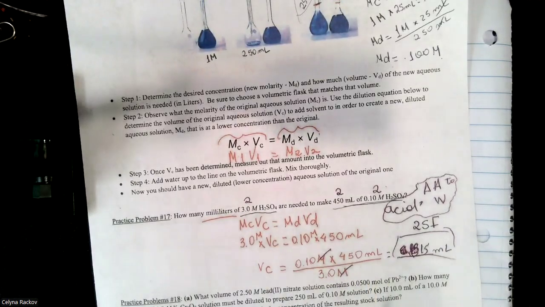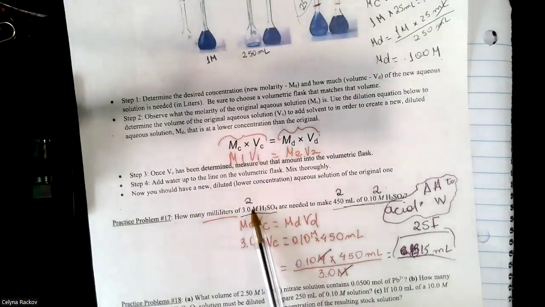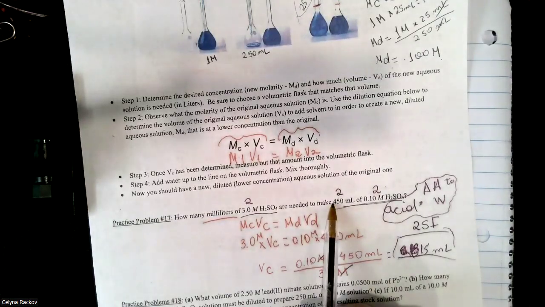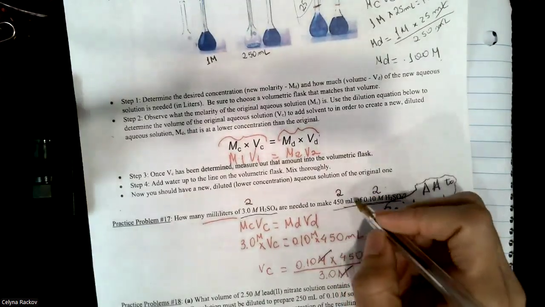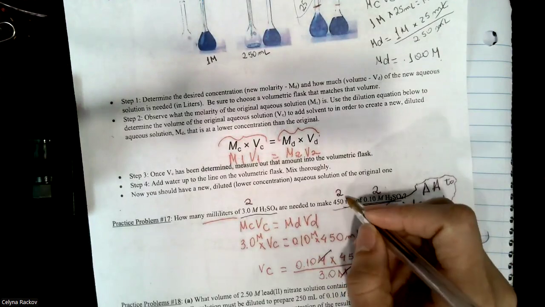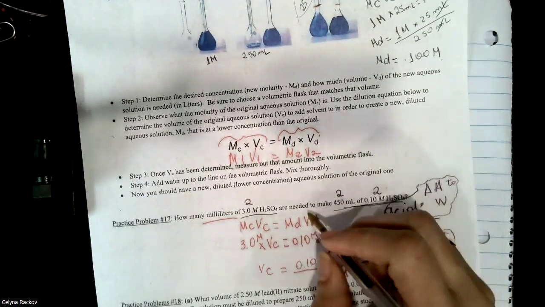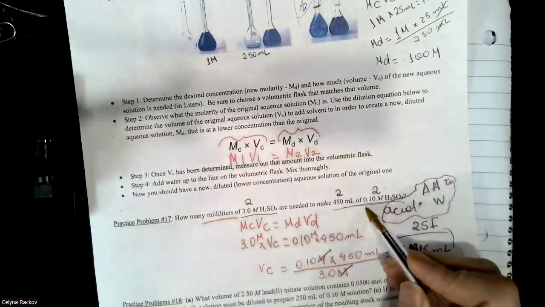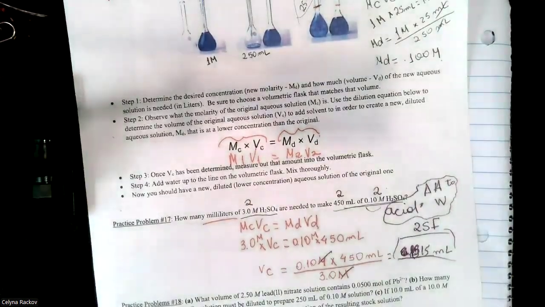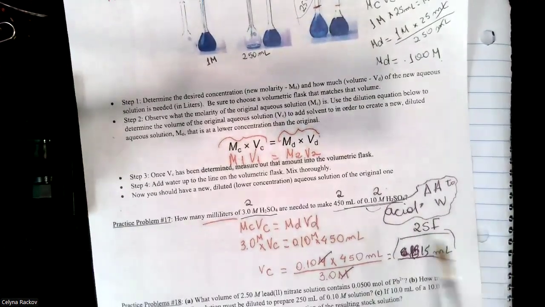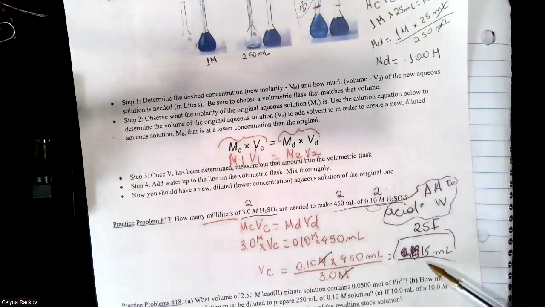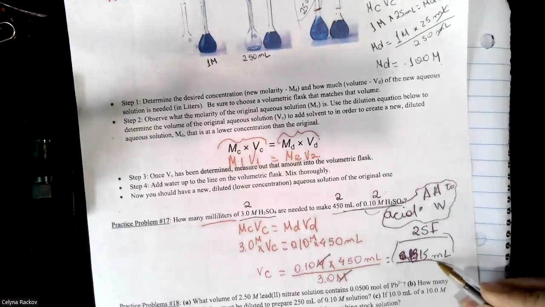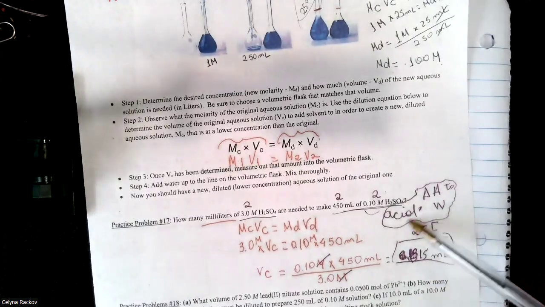Now, pay attention to the correct number of significant figures. Here you have 3 molar, with only 1, and 450 has only 2, because the 0 has no decimal point, so you do not count it. Here 0.10 also has 2. The answer will be 15 milliliters with only 2 significant figures.